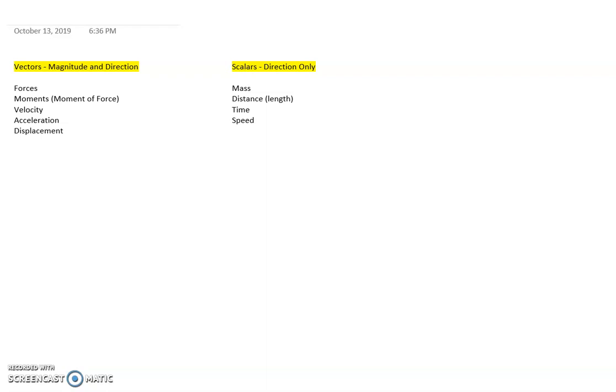When we're talking about acceleration, it's the same thing. So we always want to know whether we are speeding up or slowing down. And to calculate acceleration, we will use velocity. Acceleration, remember, is the change in velocity over time, right?